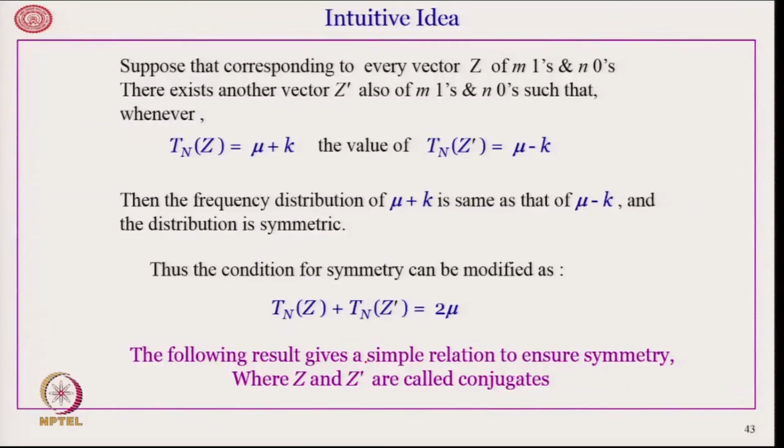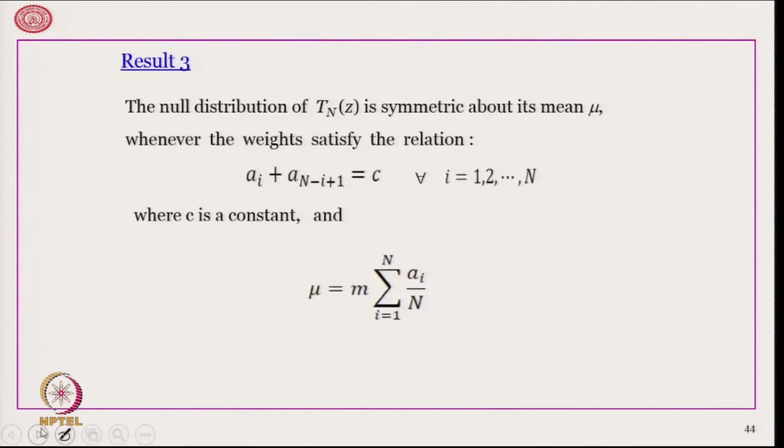Now, there are several results available for that. So, we are stating some of the results which are simple relations which ensure symmetry, when z and z prime are called conjugates. So, let us go to prove result number 3.